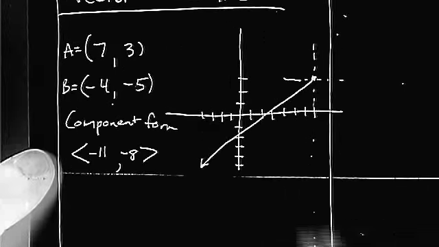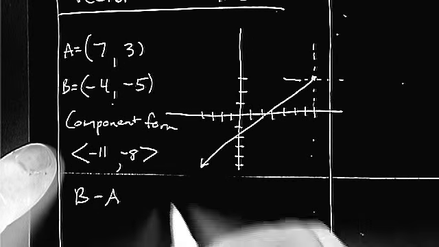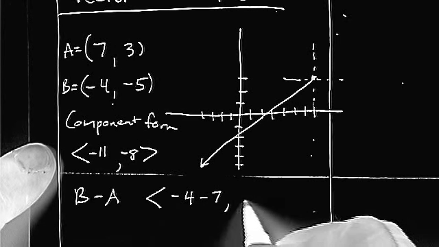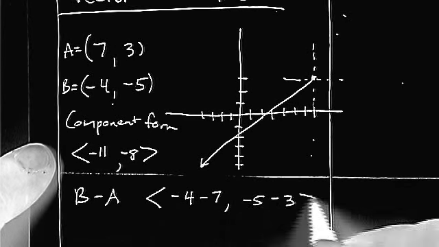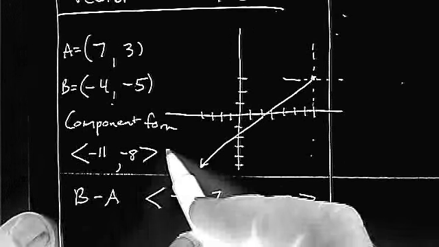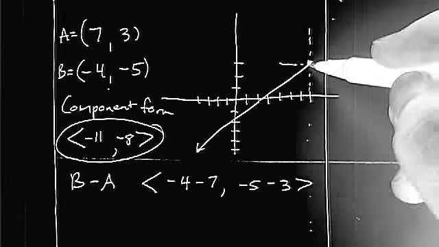As some of you might have realized, you could also do B minus A, right? So you got -4 minus 7 and -5 minus 3. It arrives at the same component form, telling you which way to go, left and down, as if the origin was right there.